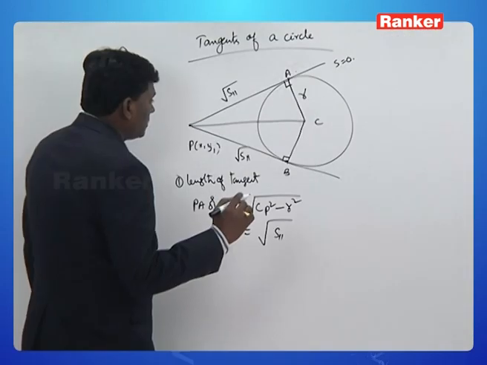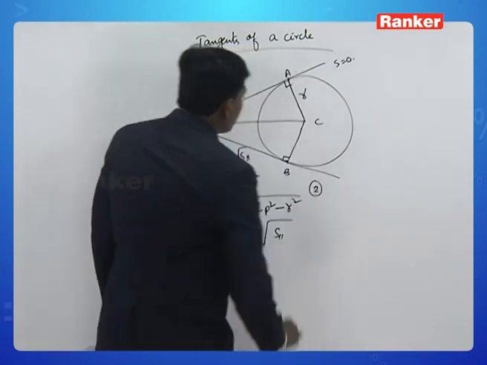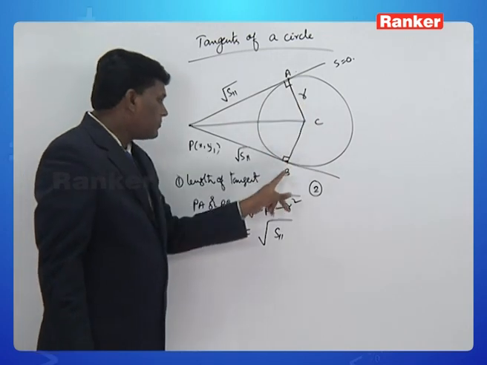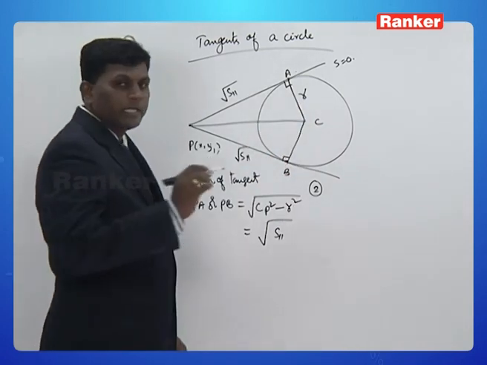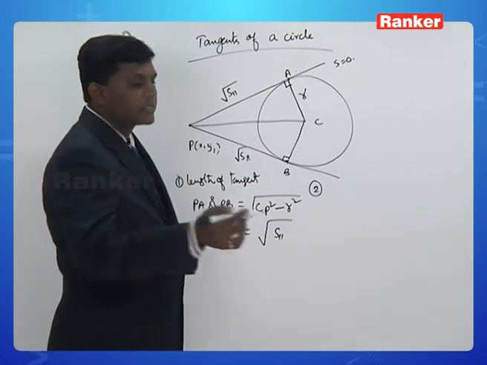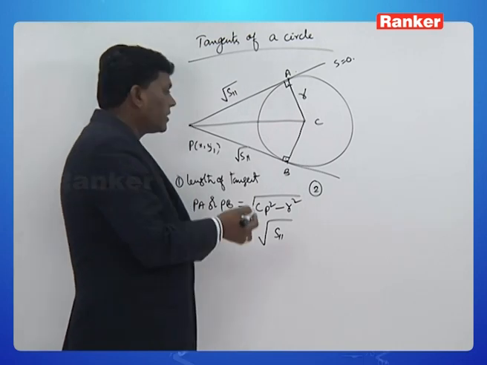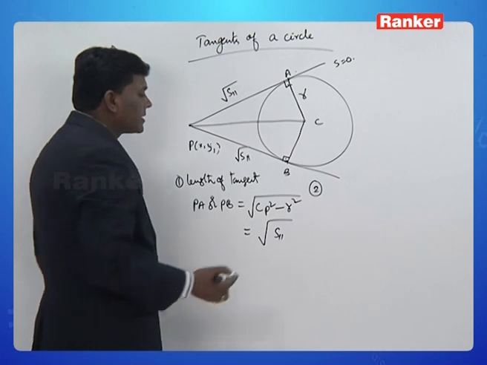Now, second point. In this diagram, PACB, a quadrilateral we are finding, is clearly a cyclic quadrilateral as the opposite angles are supplementary. Therefore, in this cyclic quadrilateral, what is its area? Let us see.